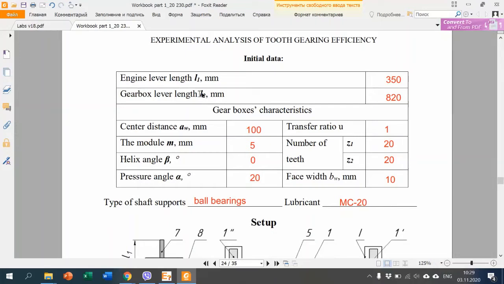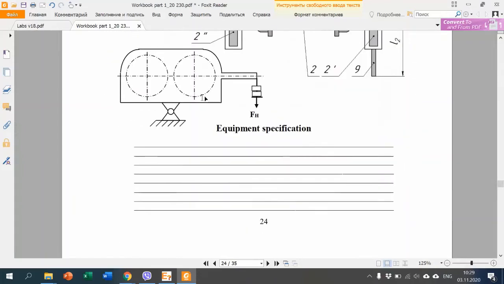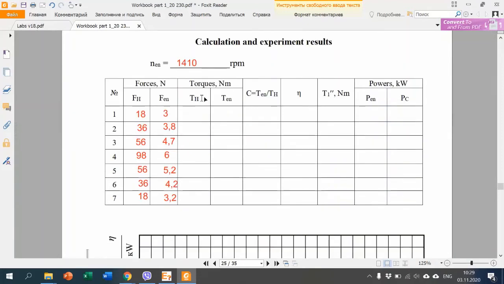Gearbox L2, engine L1. Its FH should be times L2, and we will have TH. To calculate in Newton meters, we should convert millimeters to meters.